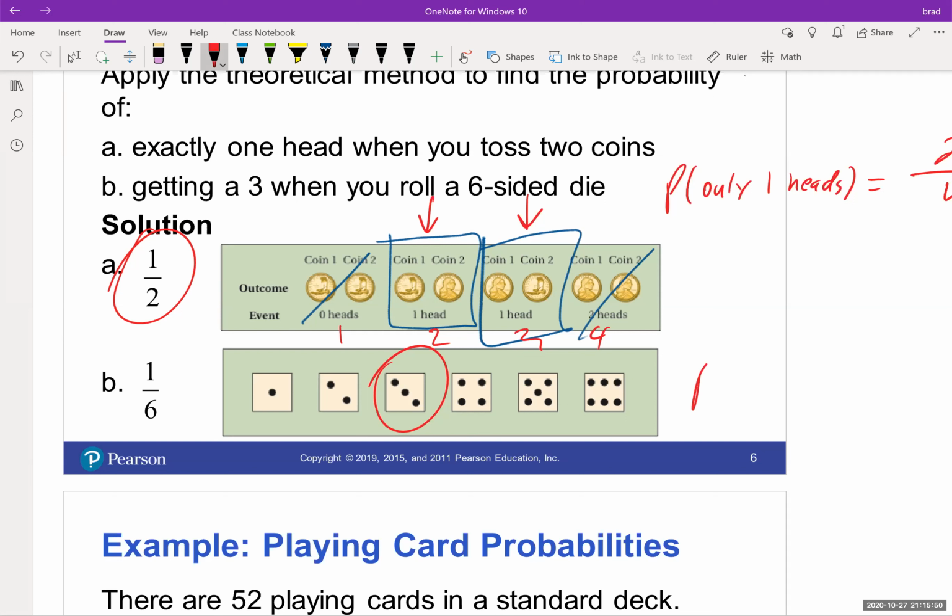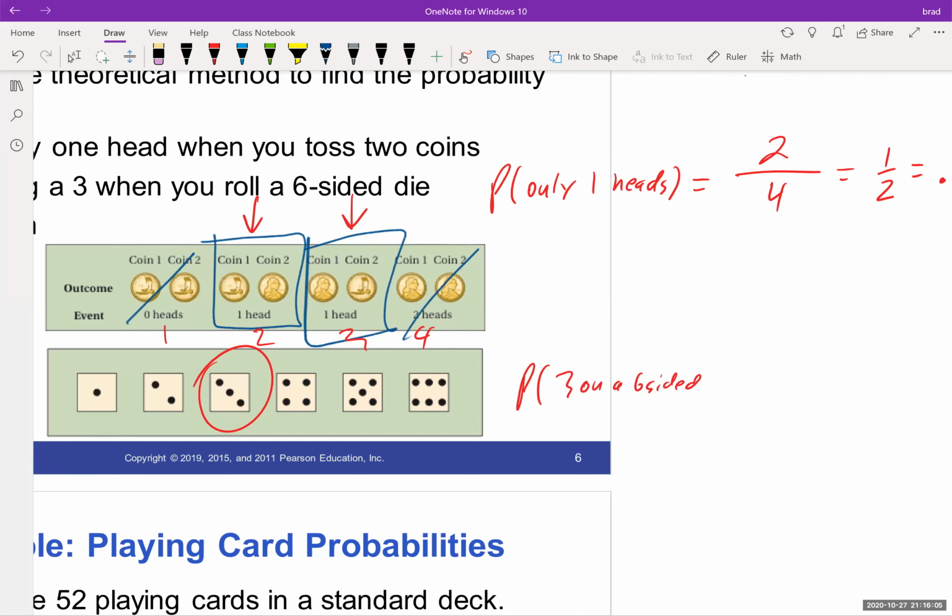So the probability of a 3 on a 6-sided die is 1 out of 6, because there are 6 outcomes and only one of those outcomes is a 3.